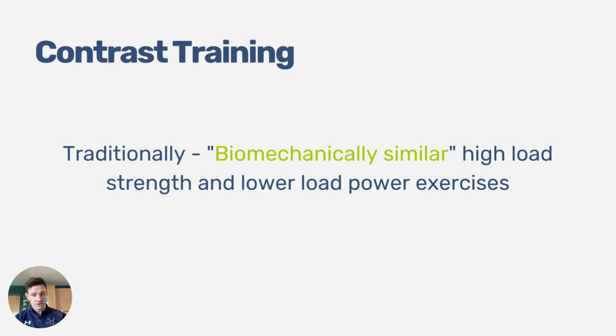Effectively, contrast training is generally below 85% of someone's 1 rep max on an exercise, and that tends to elicit the greatest acute potentiation and chronic adaptations.